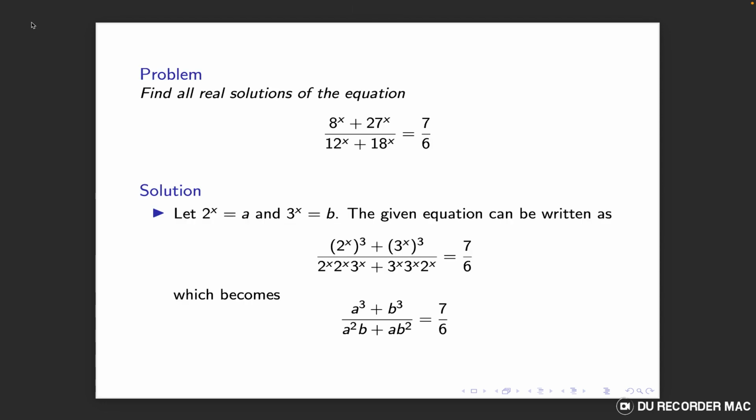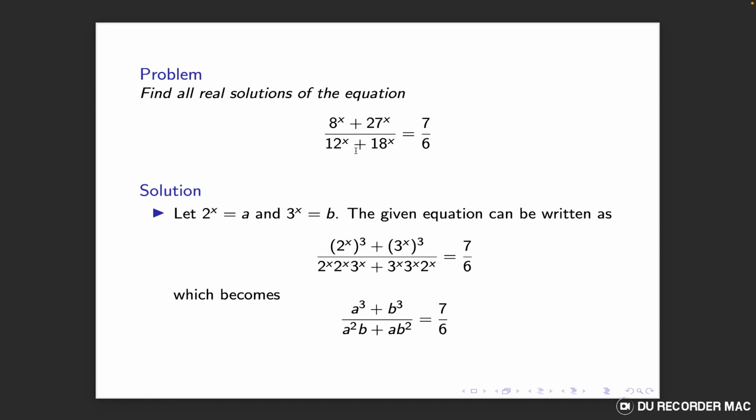The first observation we make here is that everything can be written as a combination of a power of 2 and a power of 3. So we say let 2 to the power x be a and 3 to the power x be b. Then 8 to the power x is 2 to the power 3x, which can be written as (2 to the power x) cubed, and similarly 27 to the power x is (3 to the x) cubed.